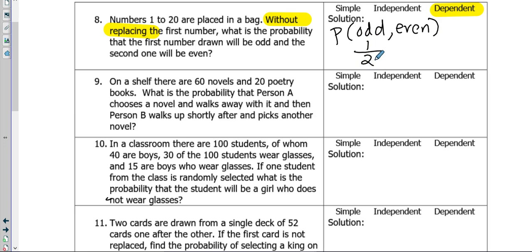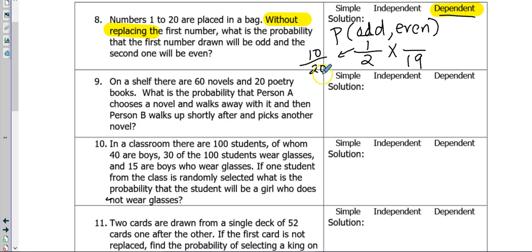Now for our second event, because this is dependent, we don't have 20 numbers anymore. The second event is dependent on what happens in the first because we're not replacing. So our second number, we now only have 19 tiles or 19 numbers remaining in the bag. And since we've taken out an odd, so we had 10 out of 20, which is our 1/2. This 1/2 is our 10 out of 20.